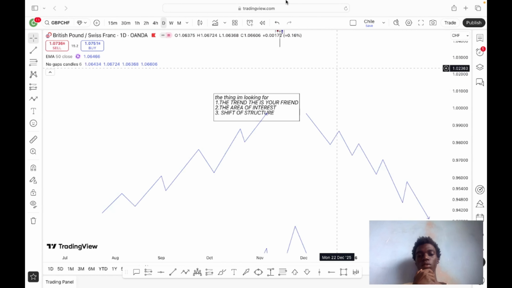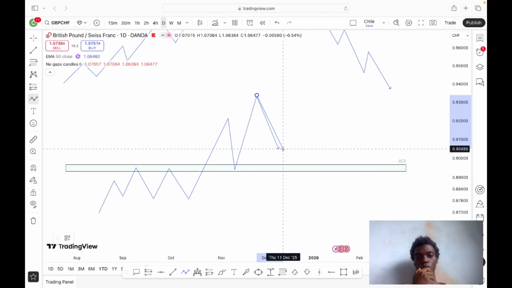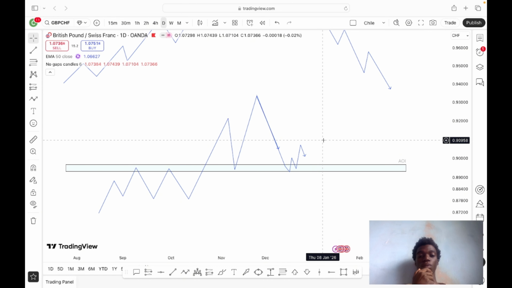And what I mean by shift of structure is simply this: as price is pulling back into our area of interest right here, I have to look for a shift of structure around this area to confirm that price won't continue moving down. So I have to look for a shift of structure, something like this. Take the trade.